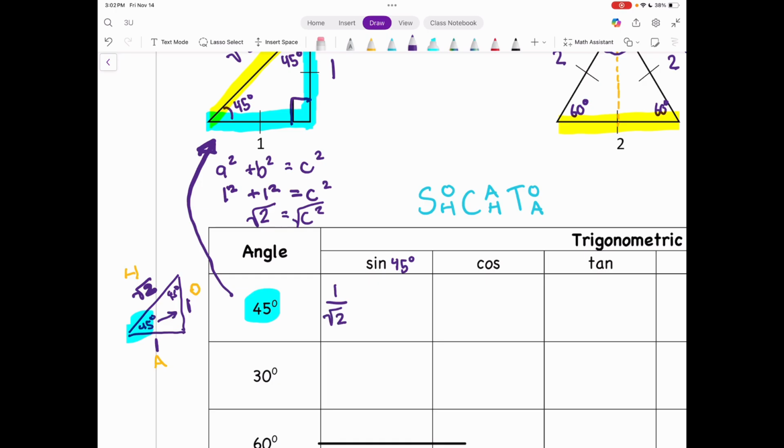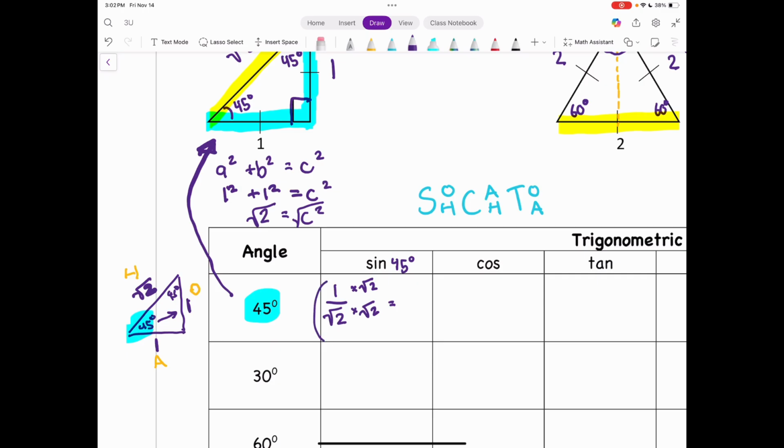That's my hypotenuse. Now, I don't know if you guys remember going back to, I think it was Unit 3, where we were talking about square roots and radicals, and how we don't like having a radical as the denominator. So all you have to do to get rid of a square root in the denominator is multiply it by itself in the denominator and in the numerator.